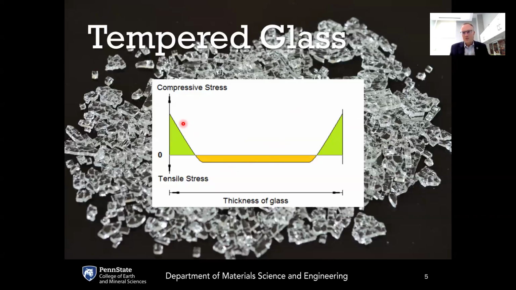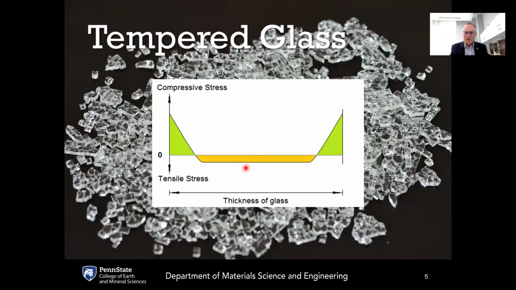There is an ion exchange process where the smaller sodium leaves the glass and is replaced by a larger potassium. That potassium wants to expand the outer surfaces of the glass, but it's not allowed to since it's bonded to the interior of the glass. And so as a result, the outer surfaces are pulled into compression, and that compressive stress has to be balanced by a tensile stress in the interior.